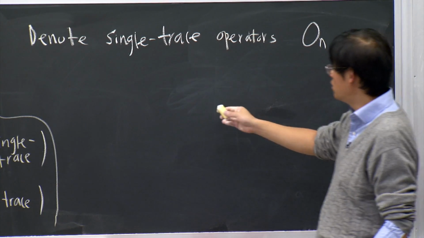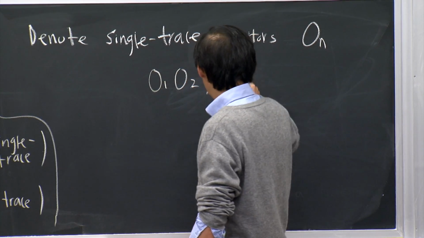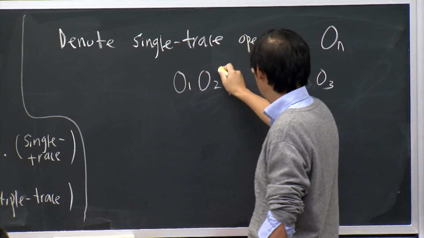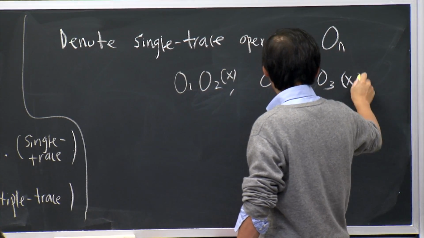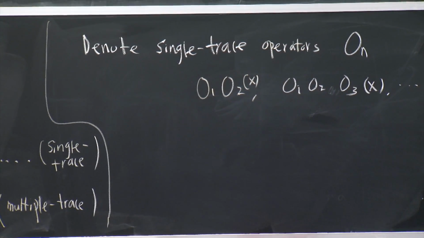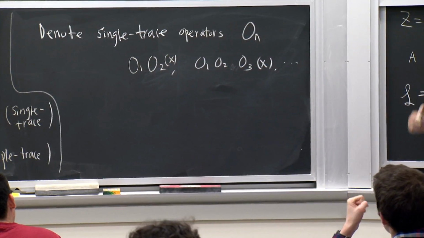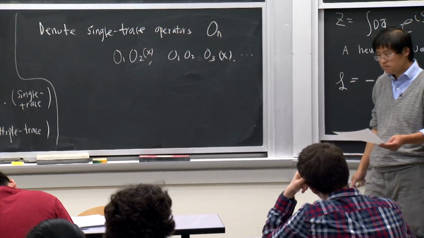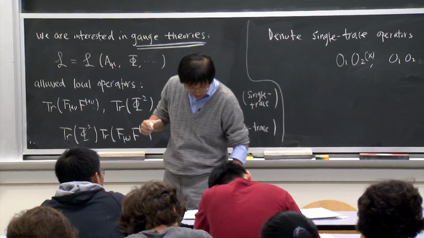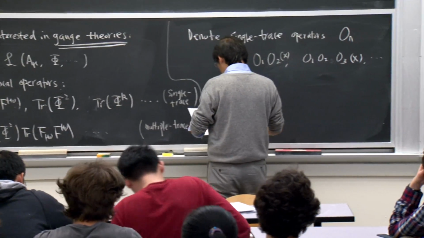And then the multiple trace operator, O1 O2 will be a double trace operator, and O1 O2 times O3 would be a triple trace operator, etc. Okay? What is index n? It just labels different operators. Yeah, I'm using an abstract notation. And the reason for this distinction will be clear soon.